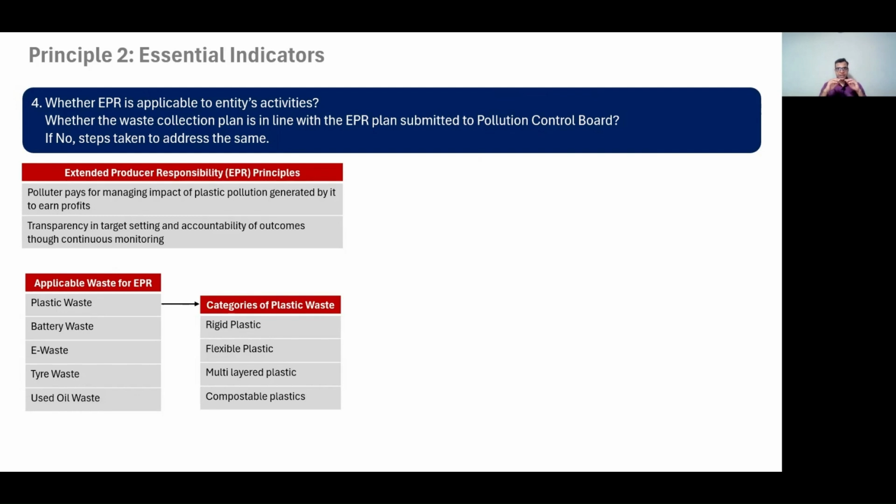Multi-layer plastic, when plastic is mixed with other material like paper, etc. And compostable plastics, which contains material which can biodegrade over a period of time. So there are 5 categories of plastic waste.